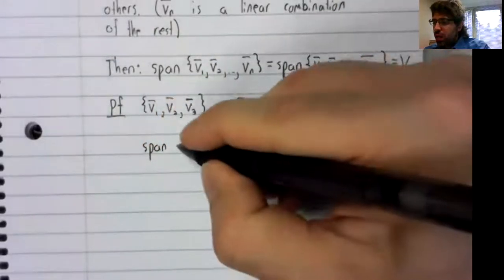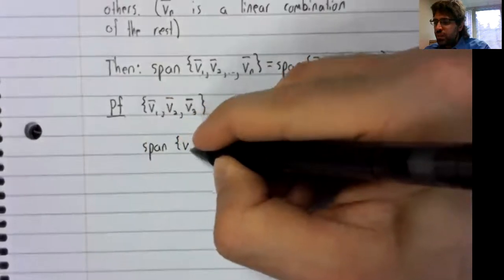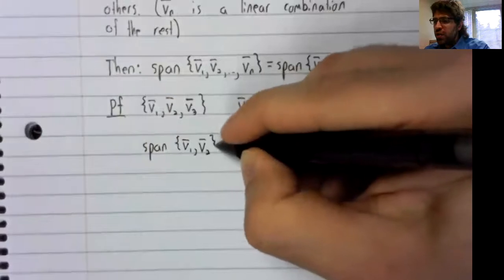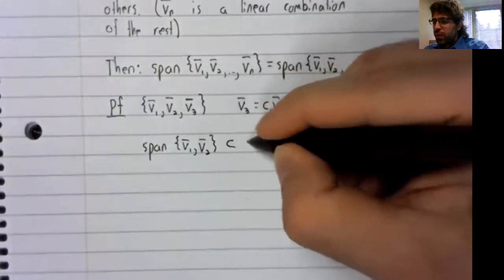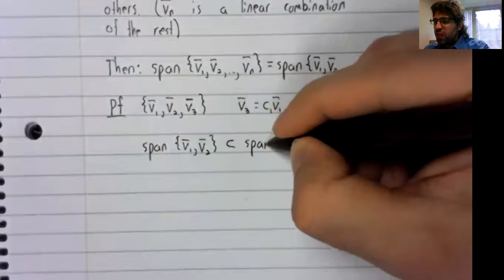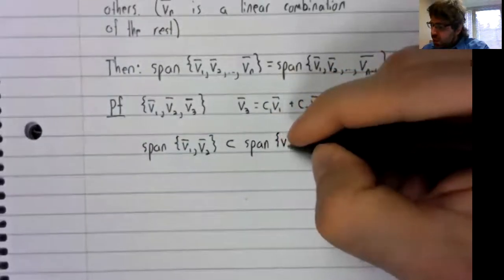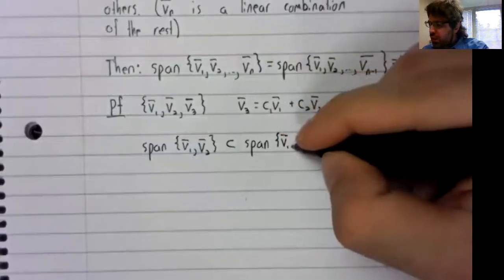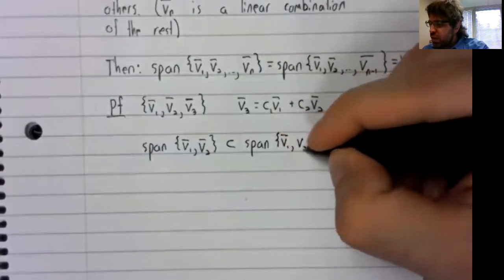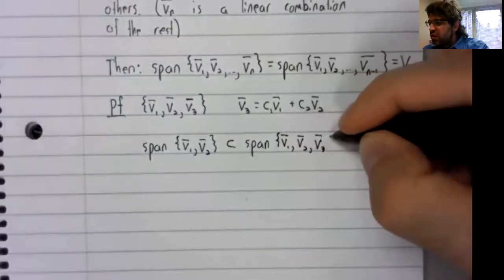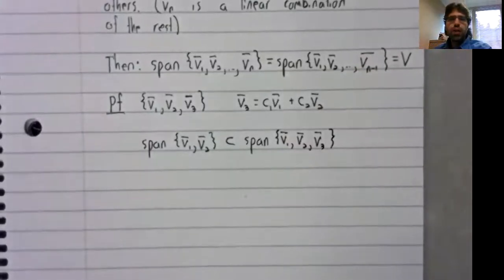So we'll start by demonstrating that the span of V sub 1 and V sub 2 is a subset of the span of V sub 1, V sub 2, and V sub 3.